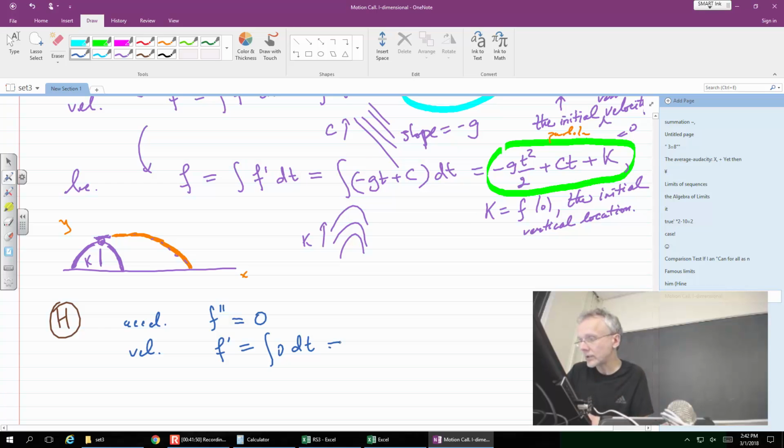So this one will be simply, say, a constant. So velocity is constant. So if you think about it, it might seem a bit surprising, considering that picture on the right, but the cannonball is progressing in the horizontal direction at a constant rate.